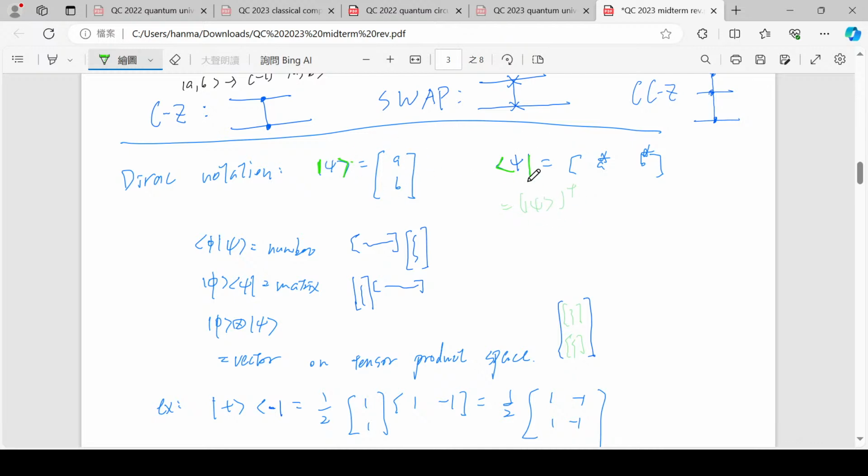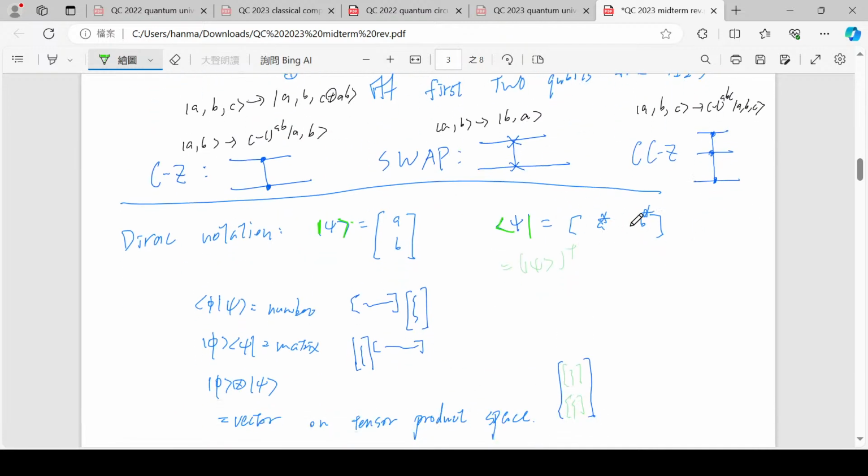And so this is a column vector taking dagger, and as we said before, you need to do the complex conjugation. So not only do you do transpose, you need to do complex conjugation. This is because we want the bra vector times the ket vector itself to be the inner product with itself.